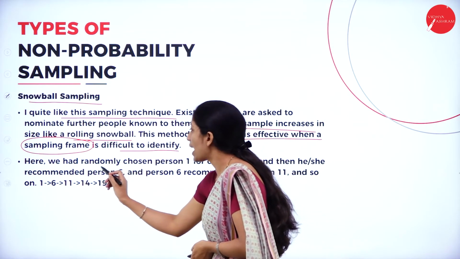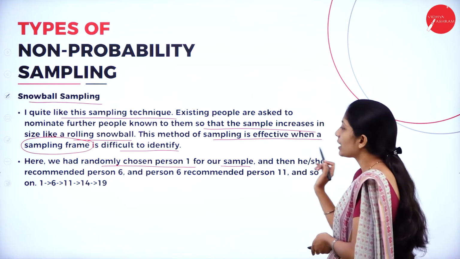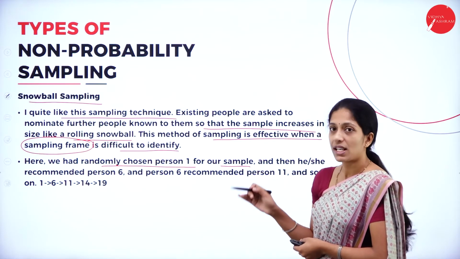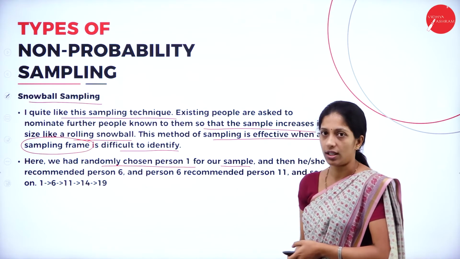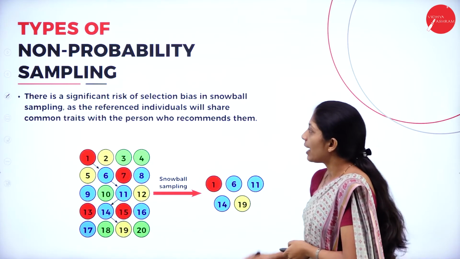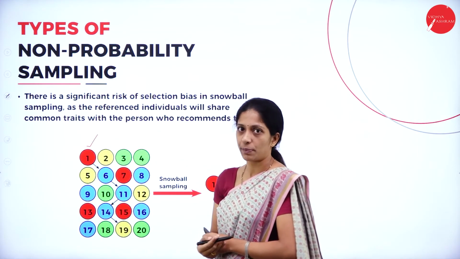Here we had randomly chosen person 1 for our sample, and then he or she recommends person 6, and person 6 recommends person 11 and so on. So here, randomly we have selected the first person.